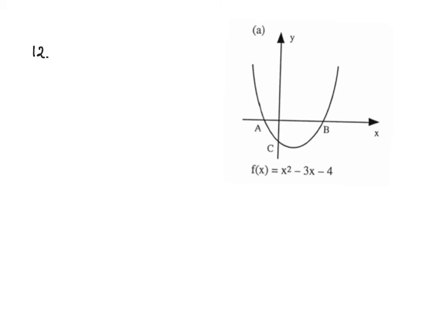Question 12, what we want to do is to find the coordinates of the points A, B and C. To find the x-intercepts, we set y equal to 0, x squared minus 3x minus 4 equals 0.